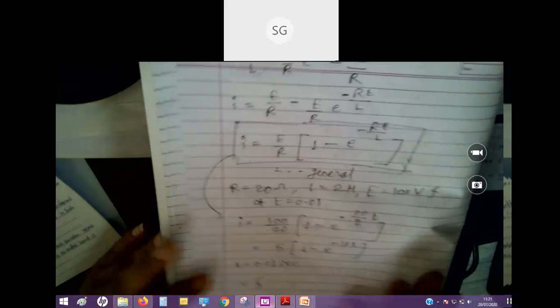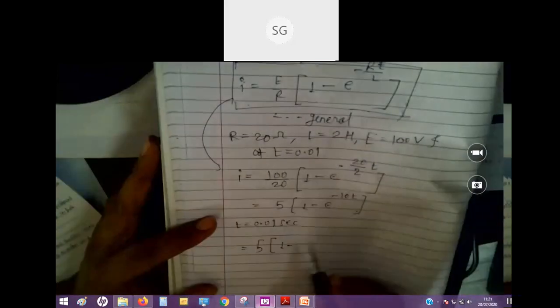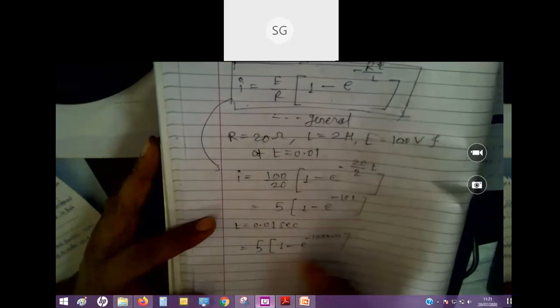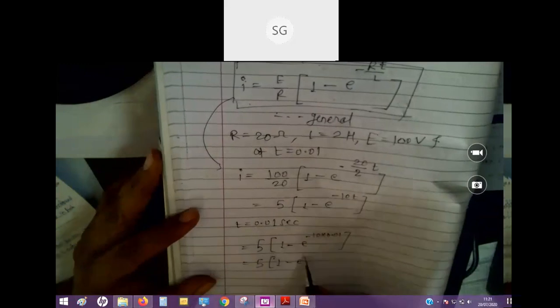Are you able to see that? 5 into 1 minus e raised to minus 10 into 0.01, and this becomes 5 into 1 minus e raised to minus 0.1.